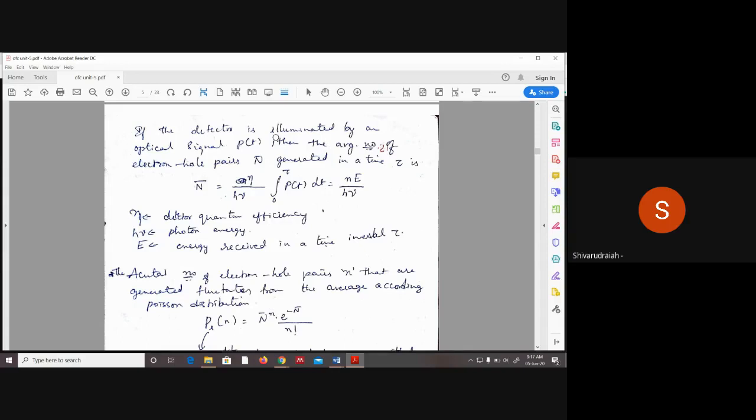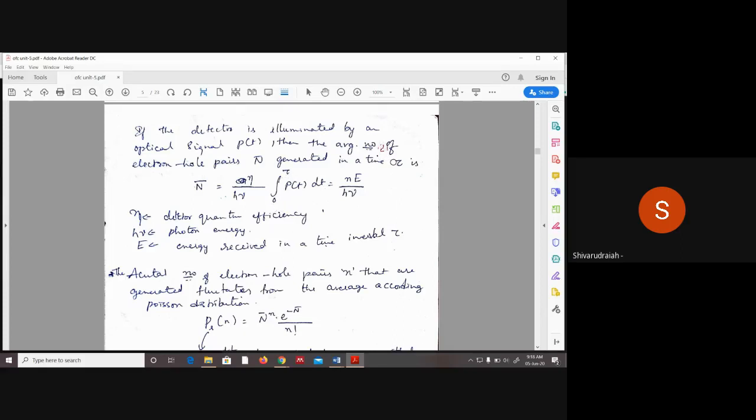If the detector is illuminated by an optical signal of power P of t, detector in the sense here is a photodetector, then the average number of electron hole pairs, represented by n bar, that are generated at the time tau is given by n bar is equal to eta, the photodetector quantum efficiency, divided by h nu, the photon energy, into the integral from 0 to tau. 0 to tau means for that time duration.